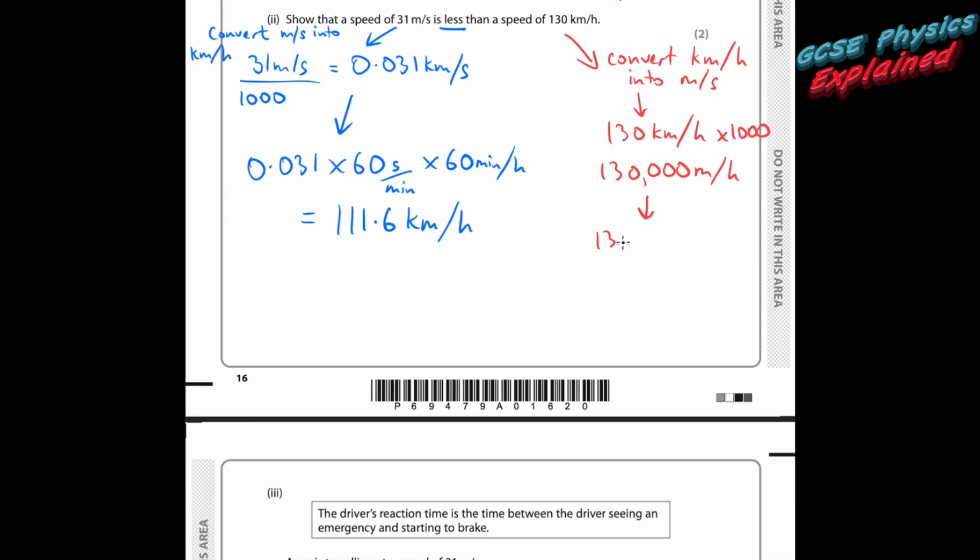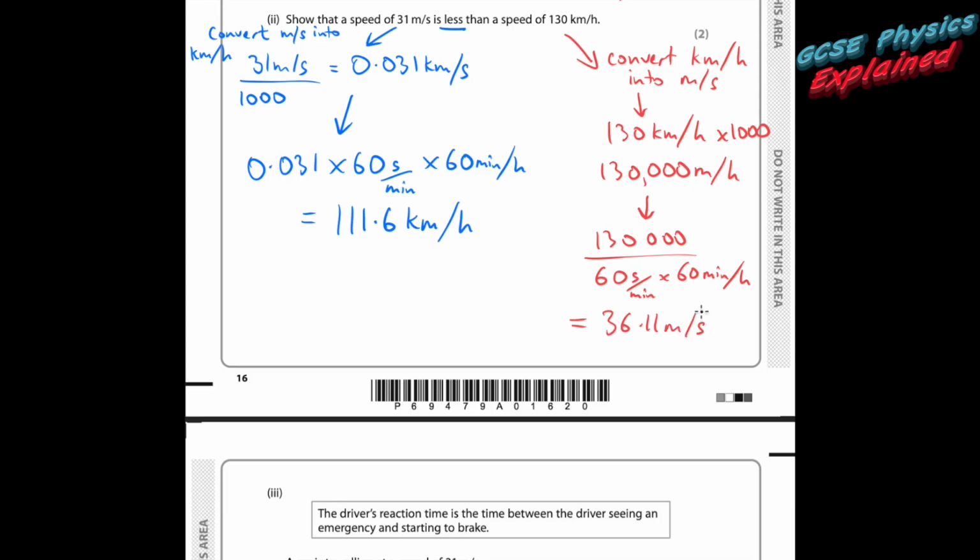So if we then divide that number by 60, because there's 60 seconds in a minute, and then also divide it by 60 again, because there's 60 minutes in the hour, just like before, that'll come out as 36.11 metres per second.